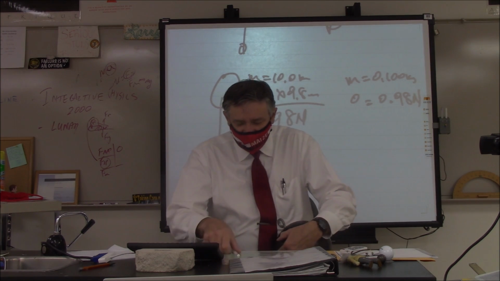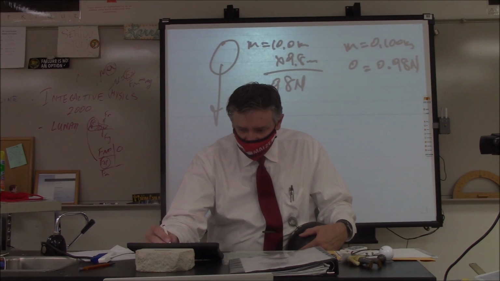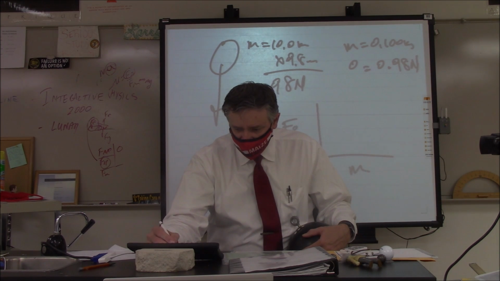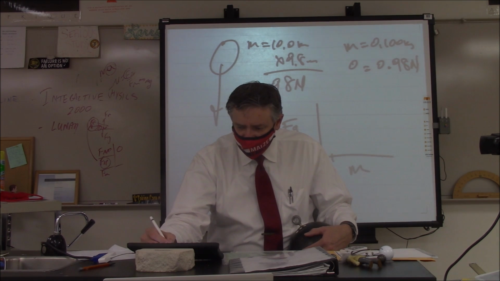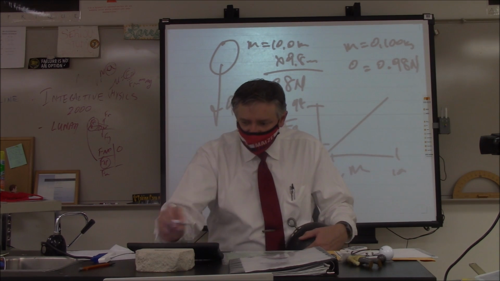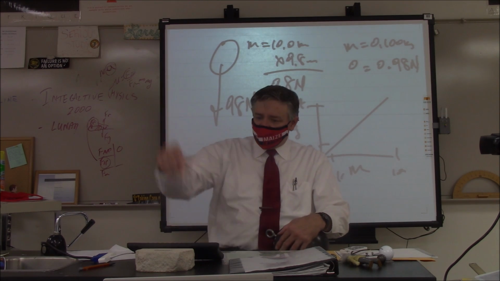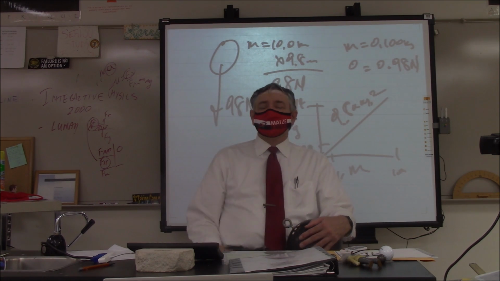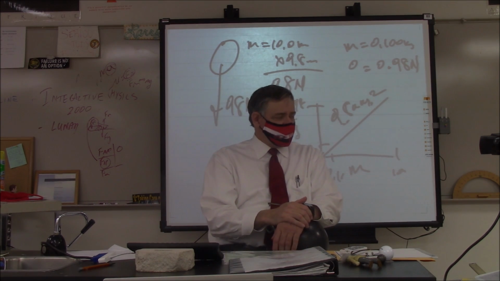So one of the graphs you all drew back on assignment 4.1 is a graph of mass and Fg. So here was like 0.1, and that was like 0.98 newtons, and then you're way out here at 10 kilograms, and that's like 98 newtons. You could connect those points, and if you were to find the slope of that line, that would have a slope of 9.8 meters per second squared. So here's one of the key things that you have to understand.